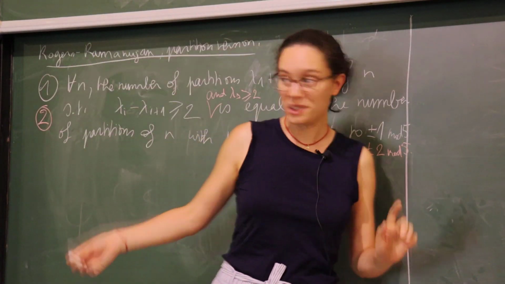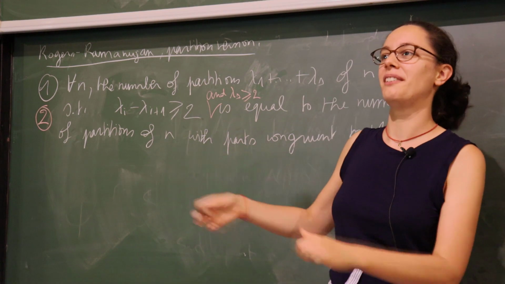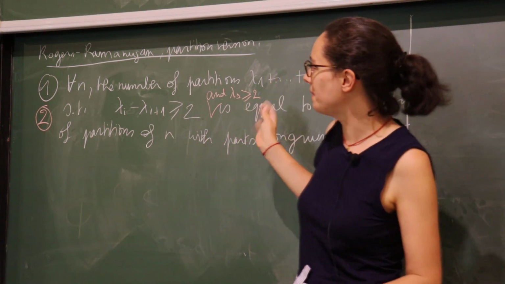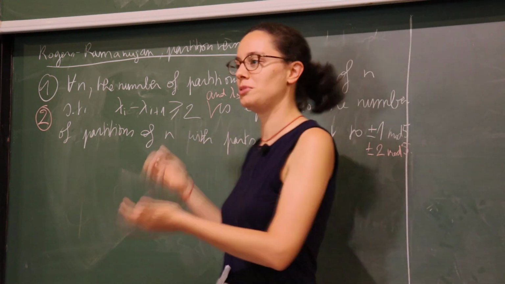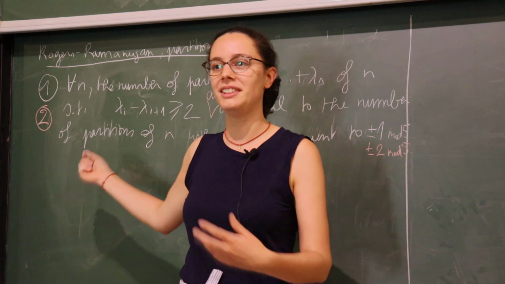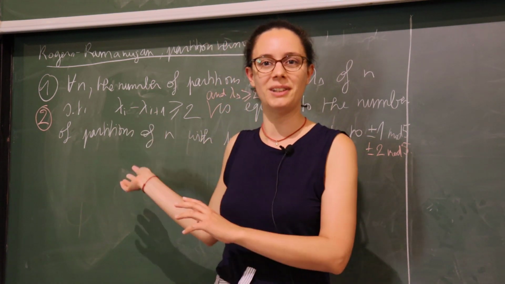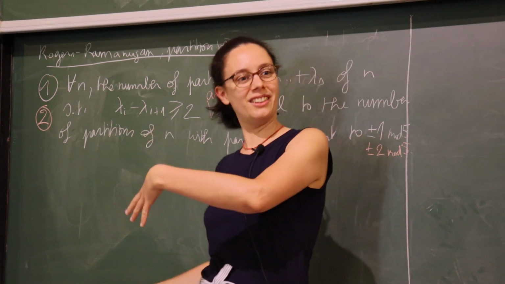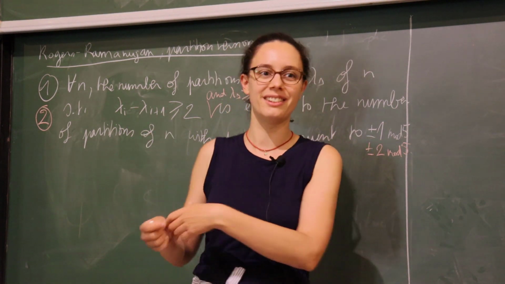And more generally, these identities were very influential in many fields of mathematics, and also just in the field of partition identities, because there were many other identities that have a more or less similar shape, by which I mean on one side congruence conditions and on the other side difference conditions.